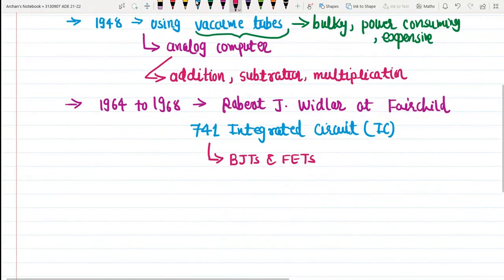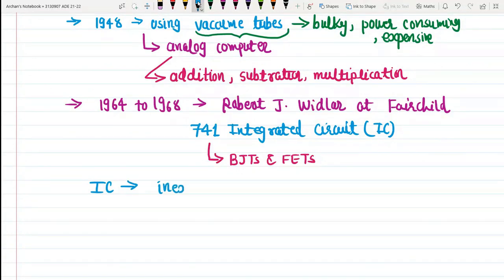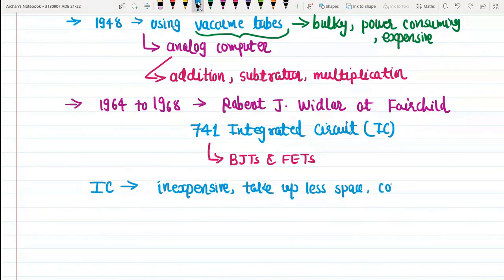So these are the advantages offered by the integrated circuit, or IC.